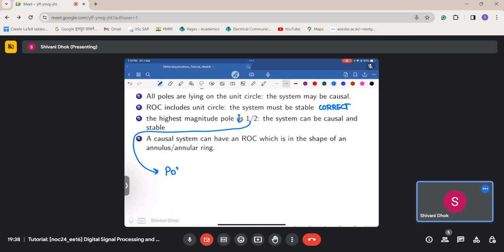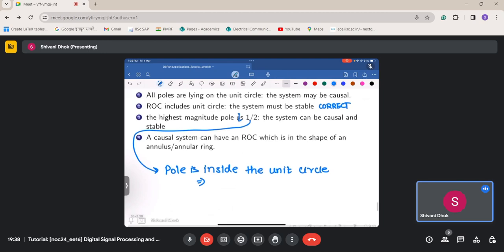So this pole is inside the unit circle, which means that we can have a system which is both causal and stable. So this third one is also correct.